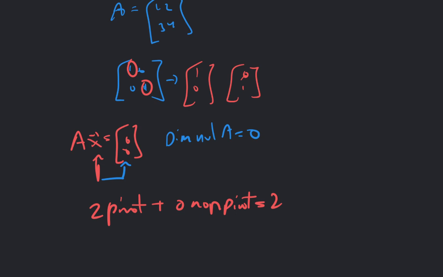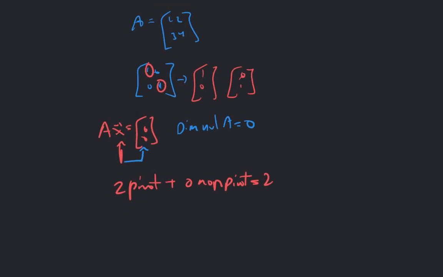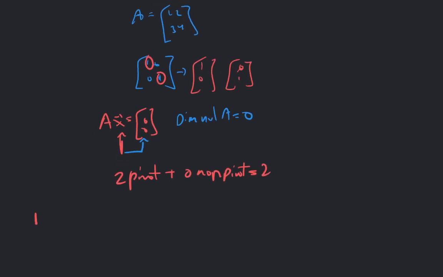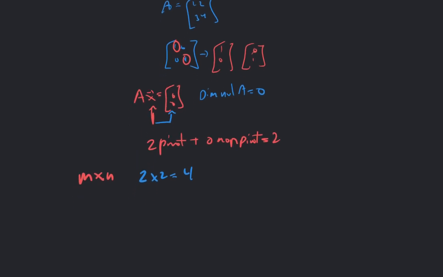But for matrices, the dimension of the entire matrix is m by n, and for a 2 by 2 that would be 2 times 2, which would be 4 dimensions. So this entire matrix is a 4-dimensional object. As a linear transformation, this matrix maps from R2 to R2.